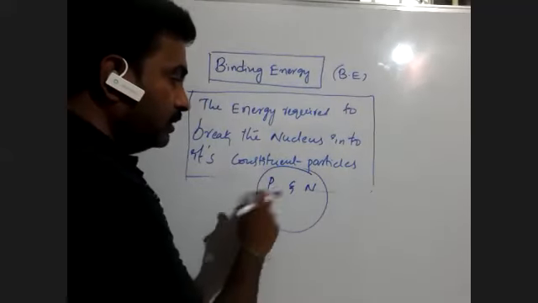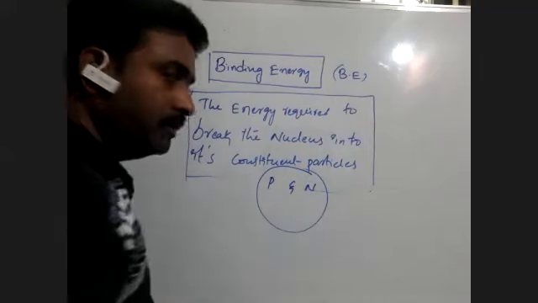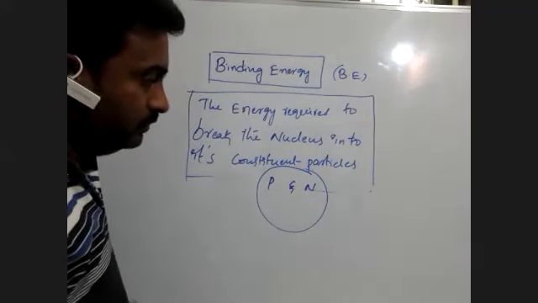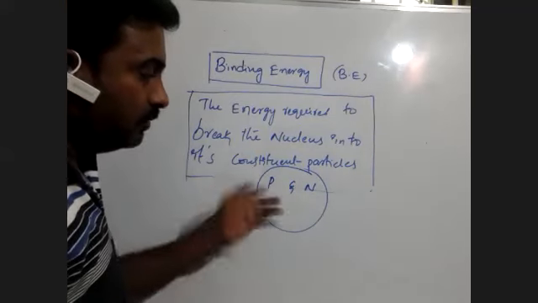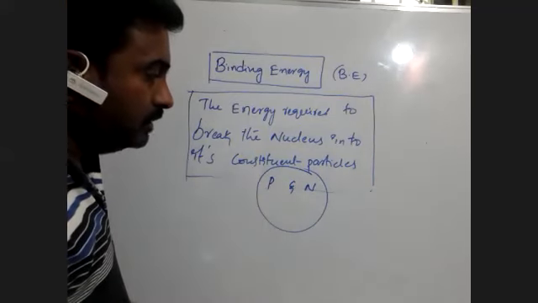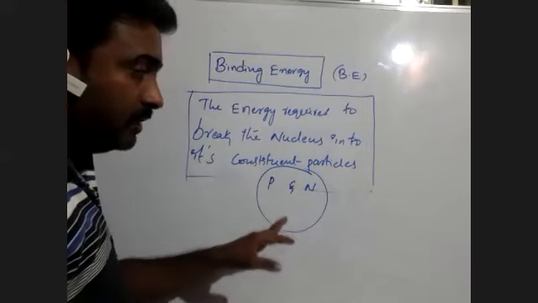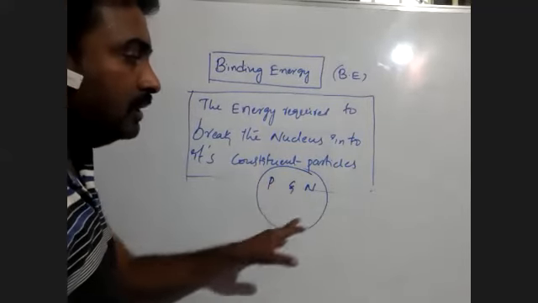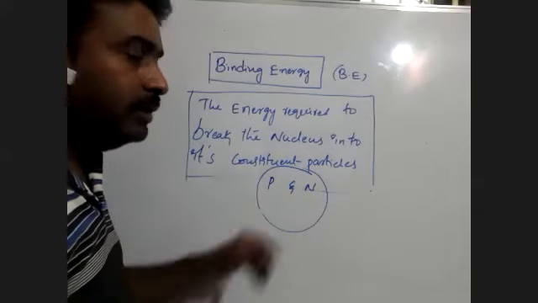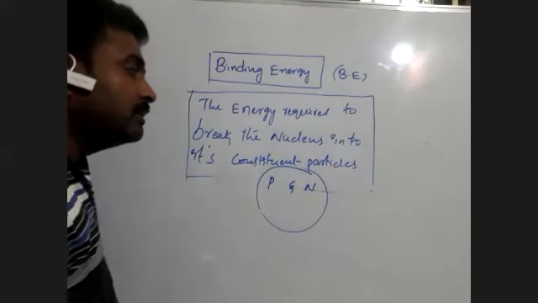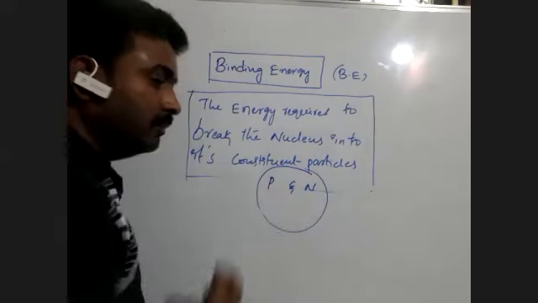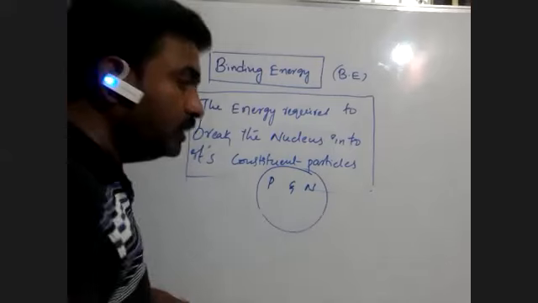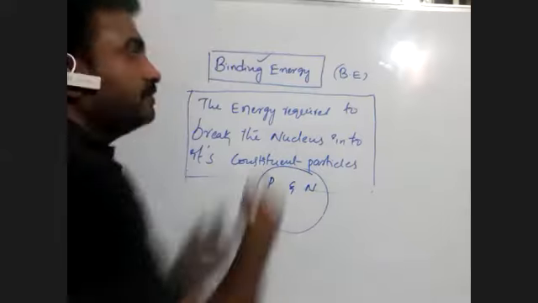There are a number of protons, and as per Coulomb law, protons must repel each other. Of course, a neutron is neutral, but protons must repel. By overcoming the repulsion, they are able to stick together within the nucleus. How is it possible? That means somebody is holding them together, influencing them not to come out. Who is that somebody? Binding energy.